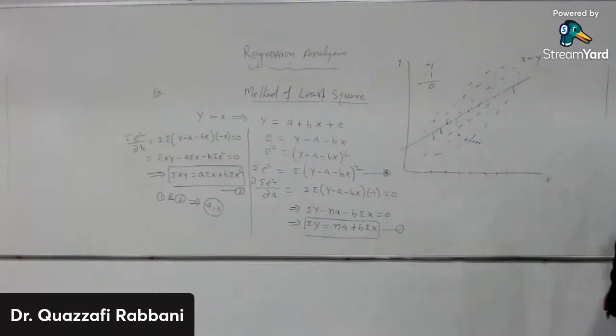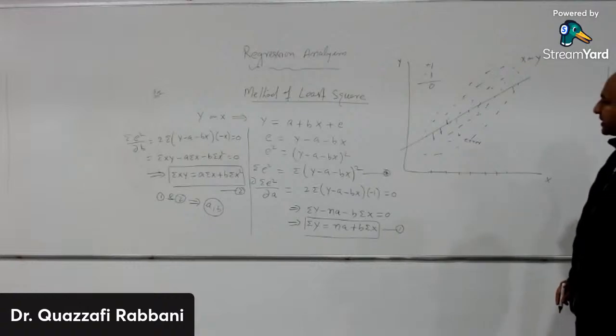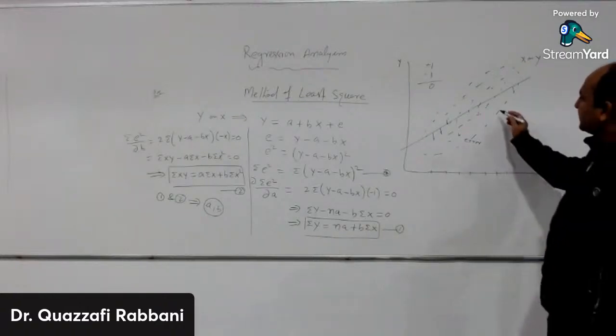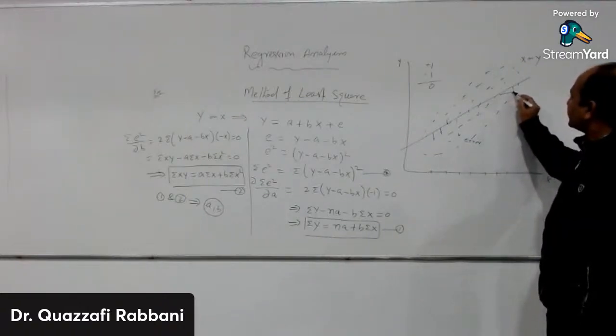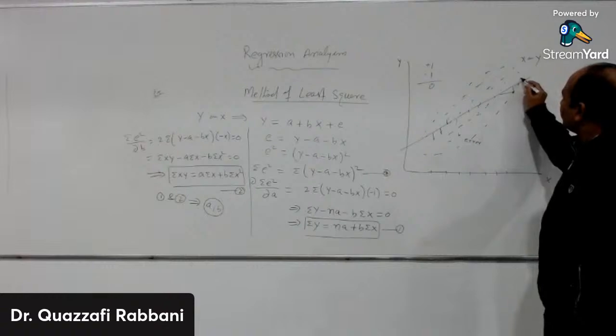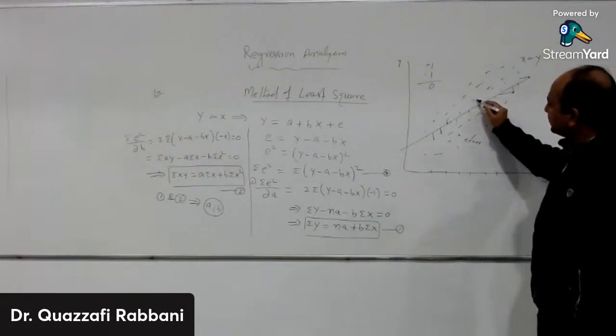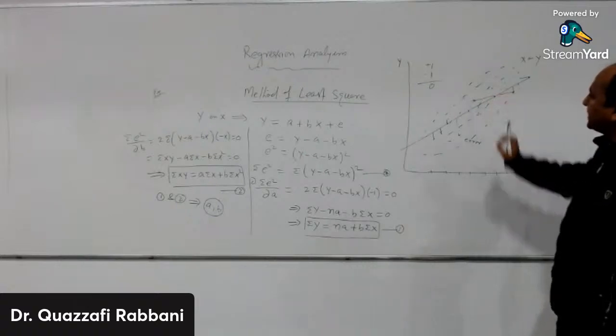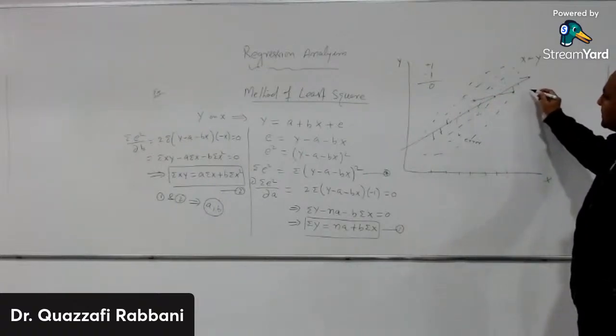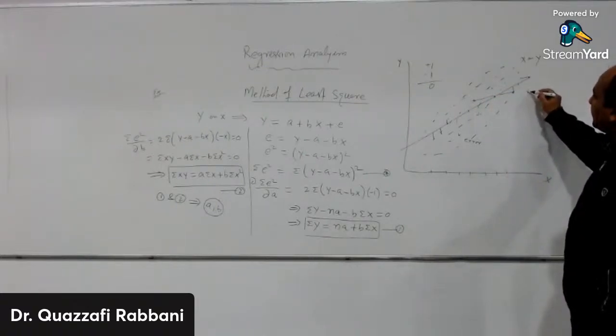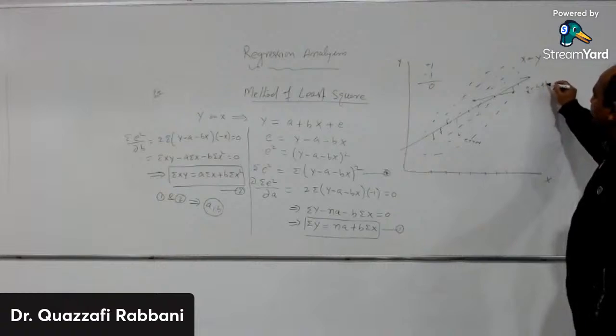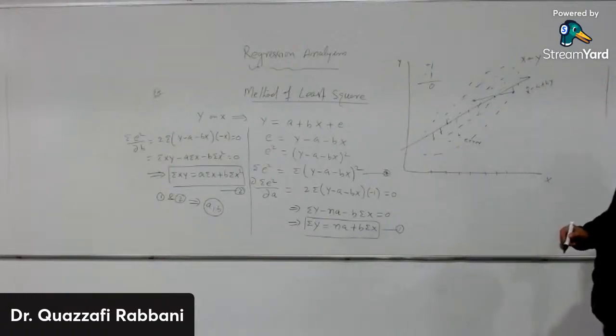Now the horizontal difference, this difference, this difference, this difference, so this is the error. So this is the estimated value of x is equal to a plus by.